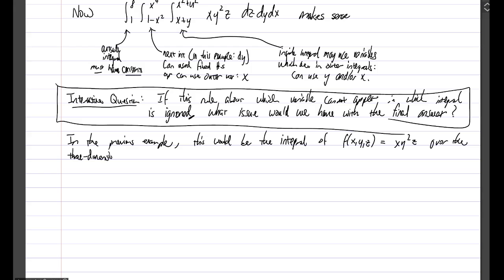So it won't be a box anymore, it'll be a different 3-dimensional region, which looks like this. Let's call it capital E.